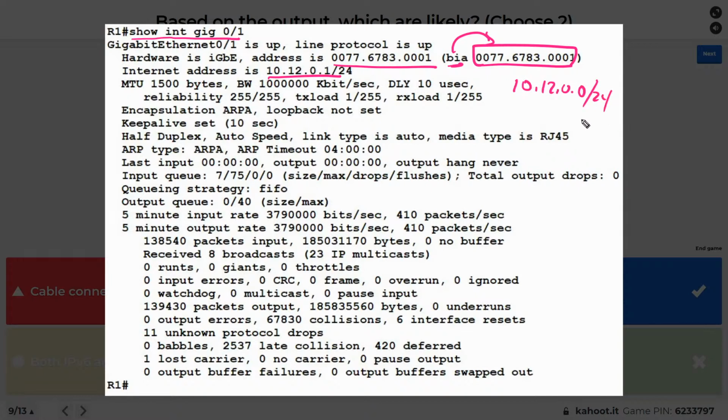And so it would be in its routing table as a directly connected route. Here it has the MTU of 1500 bytes, which is the default. And the bandwidth is 1 million kilobits per second, which is representative of gigabit Ethernet. And that's exactly right. And then the default delay, logically, on this interface is 10 microseconds.